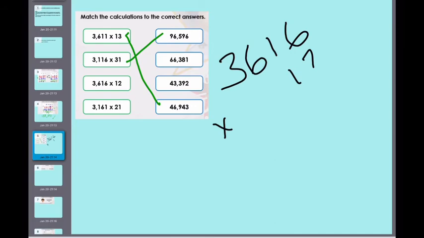It's odd. 1 times 0, 0, 1 times 1, 1, 1 times 1, 1. Moving on to my tens, so I'm now looking at 30. Pop my placeholder in. I'm doing 3 times 3 is 9, 3 times 0 is 0, 3 times 1 is 3, and 3 times 1 is 3.